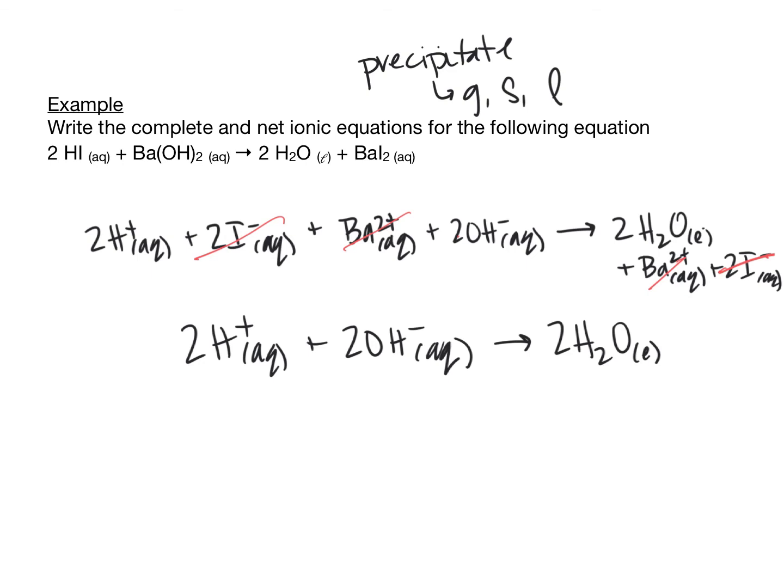And so in this case, on the written exams, I would accept this or the simplified version of H plus plus OH minus gives you 1 water. Either of those are acceptable in my opinion. So now we can predict the products in any metathesis reaction, and we can figure out all of the other components.